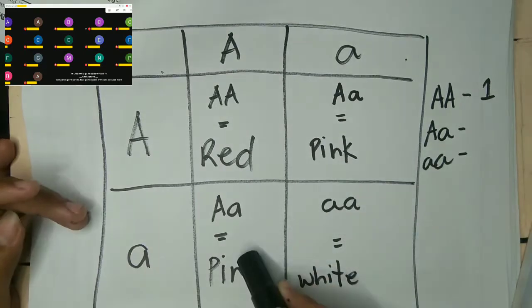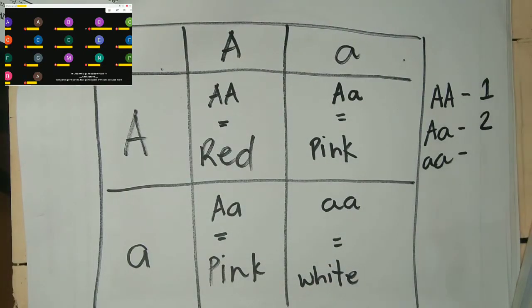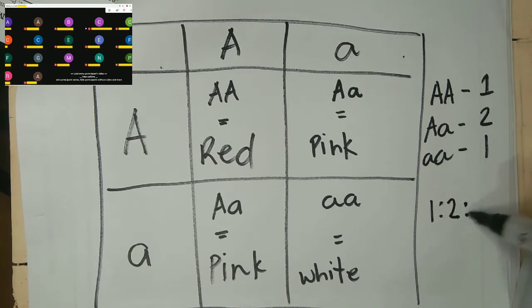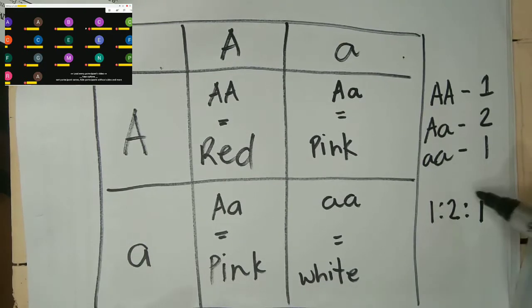For our heterozygous result, we have 2. And our homozygous result, we have 1. So, with that, we have a ratio of 1:2:1.